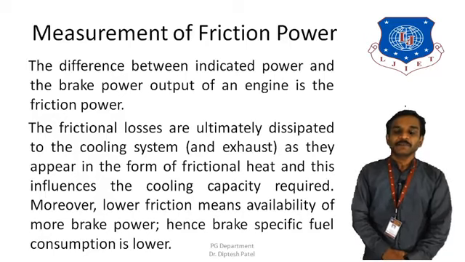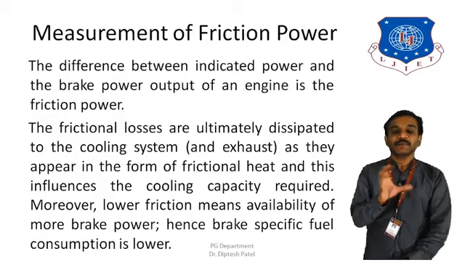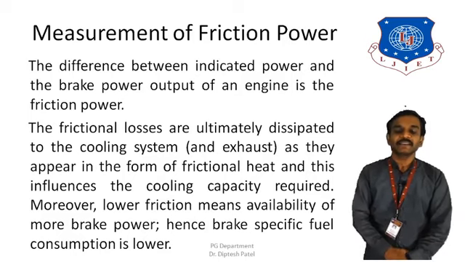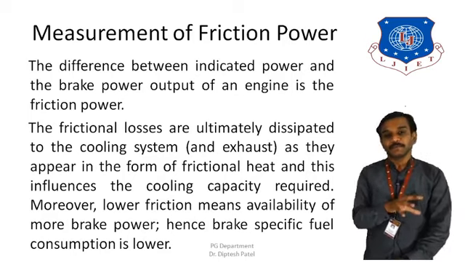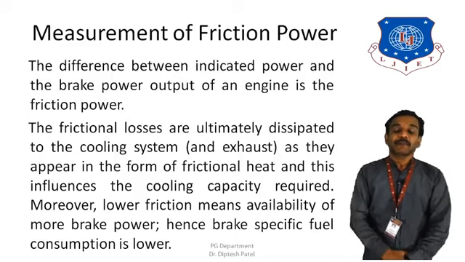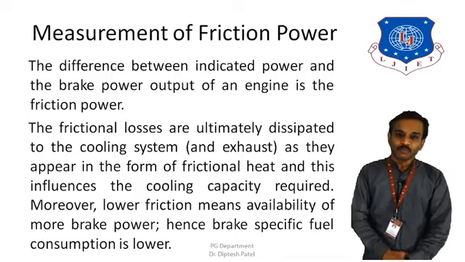Furthermore, we know that the friction power is the difference between the indicated power and the brake power. Let me just remind you again: indicated power is the power generated in the combustion chamber, while the brake power is the power available at the output shaft.